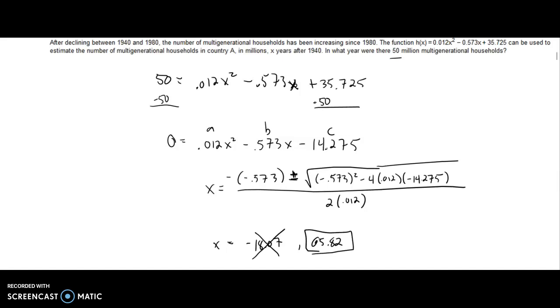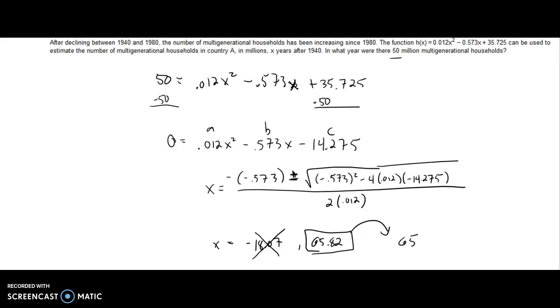If you read the directions for this problem, it says round down to the nearest whole number. We don't usually round down, but I round down according to those directions to 65. And then that would be the year.